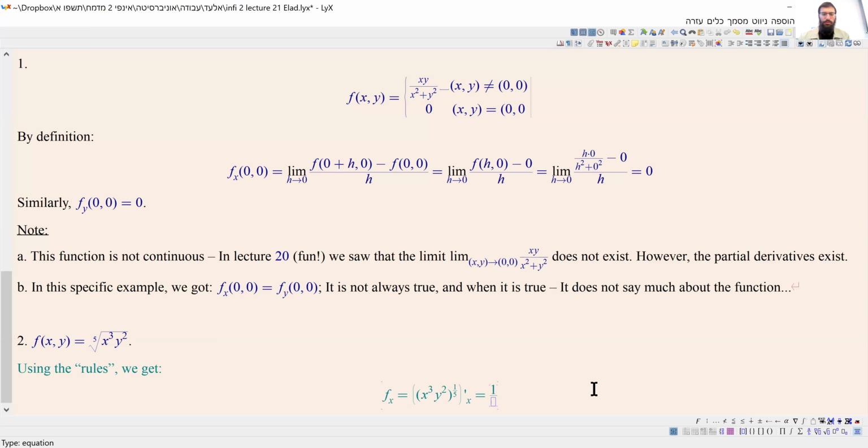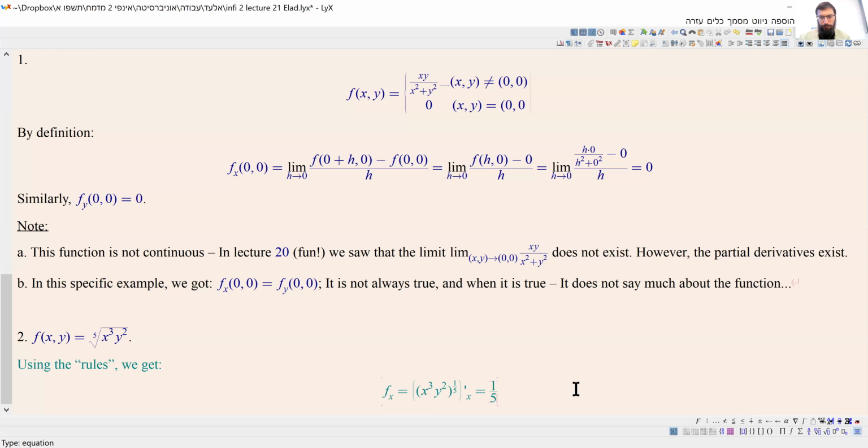So the 5 jumps out and becomes minus 4/5, and it is multiplied by the inner derivative by x.